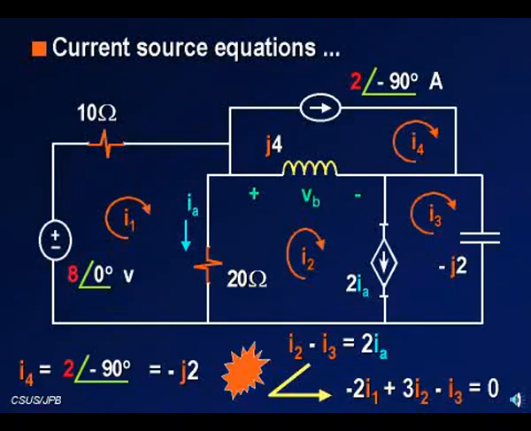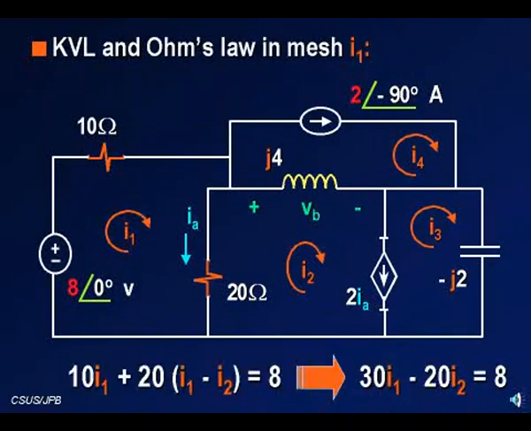But for the dependent source, we get an equation which says I2 minus I3 equals 2IA. I write IA in terms of I1 and I2: IA is simply I1 minus I2. Stick it in there, and then collect terms, and that's actually my second equation. So I need 2 more equations to complete the set.